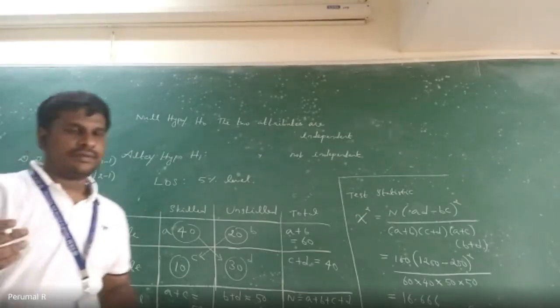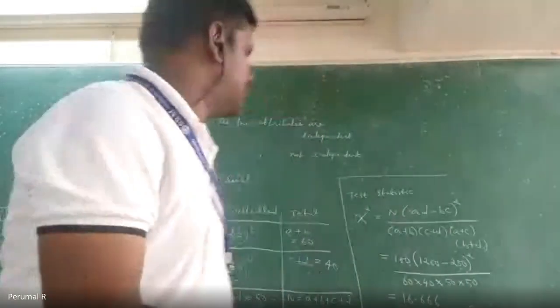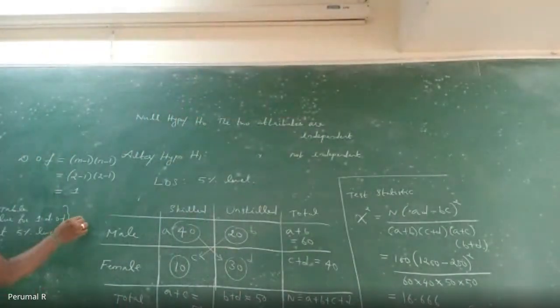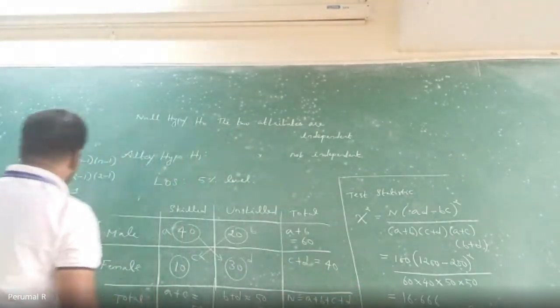I have shared the table now. So this is your table value for 1 degree of freedom at 0.05. This is your calculated value, and that is your table value.